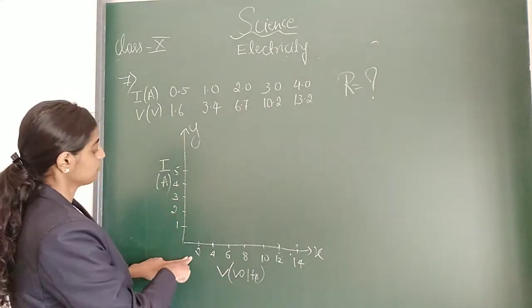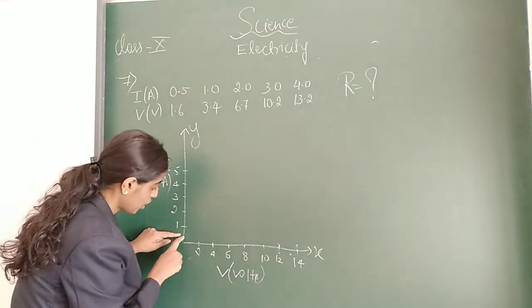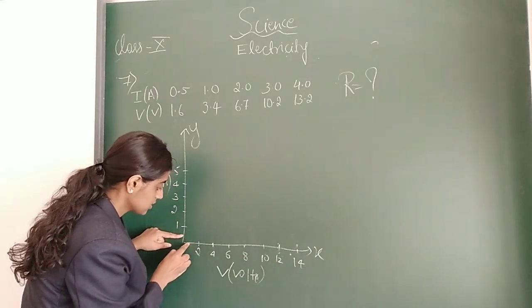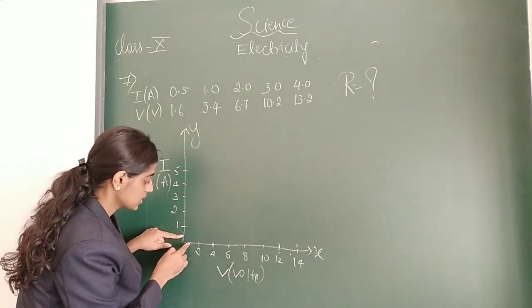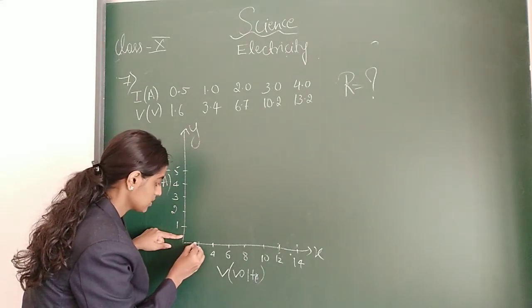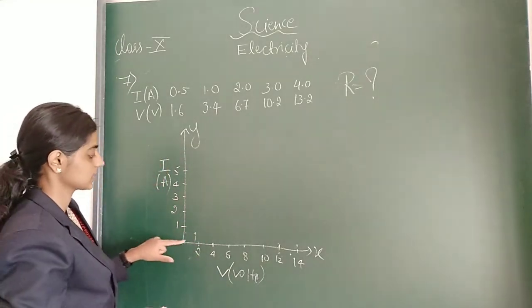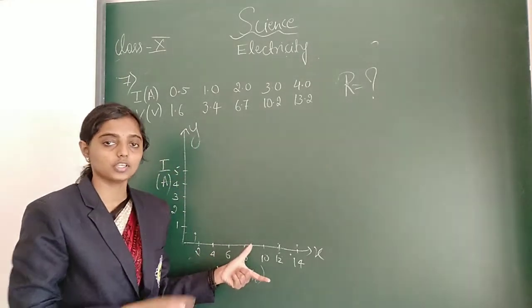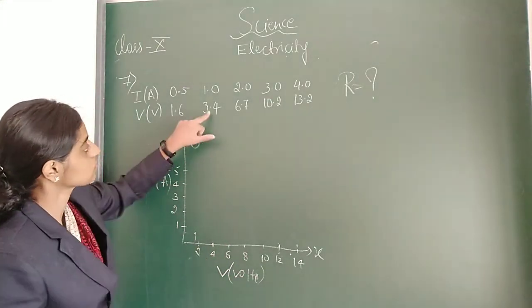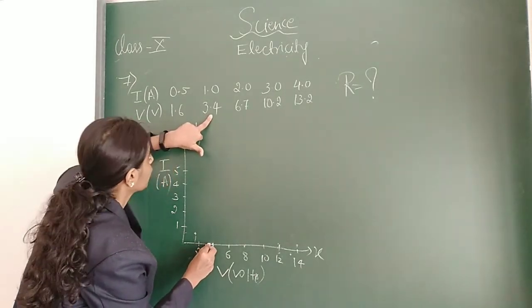So just see, for 1.6 the current is 0.5, that means 0.5 will be somewhere here, and if this is our 1, we have 1.6 somewhere here. So here we will get 1.6, and roughly I am plotting, you should use a graph sheet, okay? And the next one is 3.4, if this is our 3, let it be 3.4 for 1.